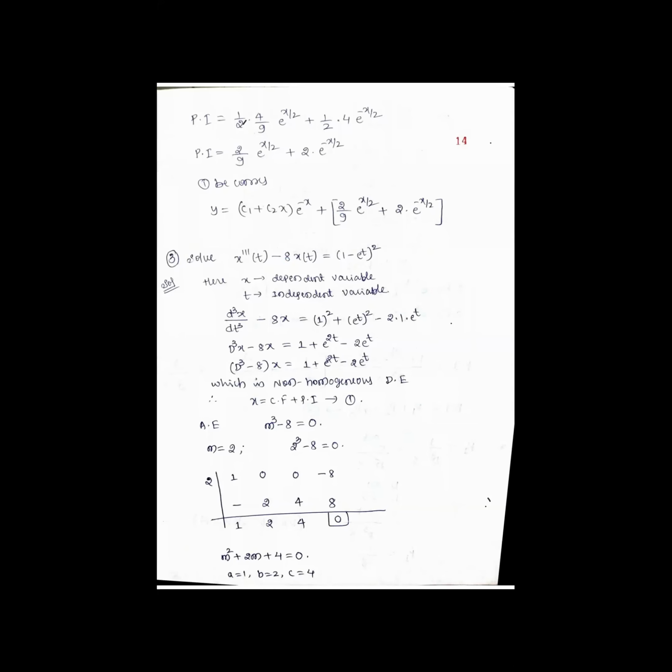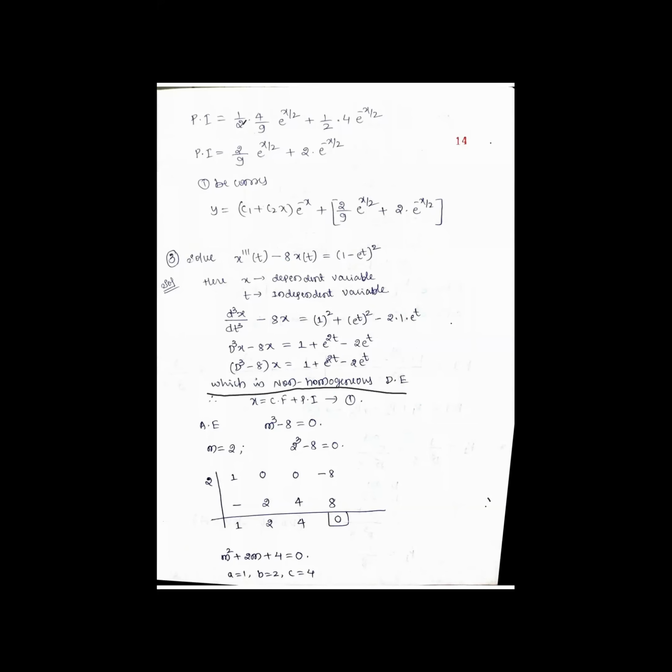So d cube of x minus 8x is equal to 1 plus e raised to 2t minus 2 e raised to t. So x is common: (D cube minus 8) into x is equal to 1 plus e raised to 2t minus 2 e raised to t, which is a non-homogeneous differential equation.